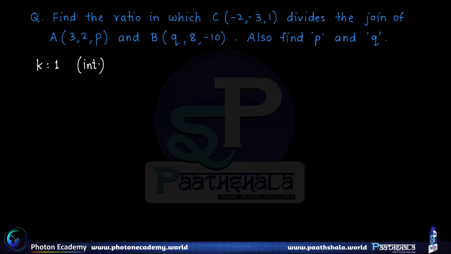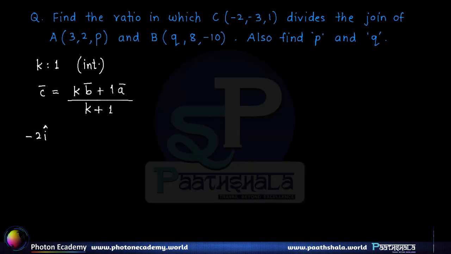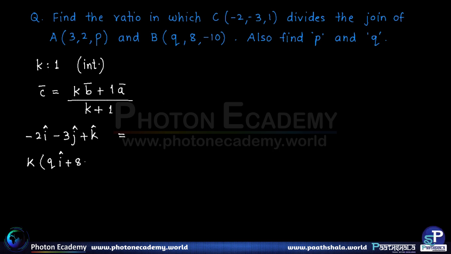So that means clearly we can write that C bar must be equal to (k B bar plus 1 A bar) divided by k plus 1, since the ratio of division is k is to 1. So therefore we have to substitute now. Looking at the coordinates of point C, we can easily write C bar, that is minus 2i minus 3j plus k cap, is equal to k times B bar, that is k times (q i plus 8j minus 10k cap).